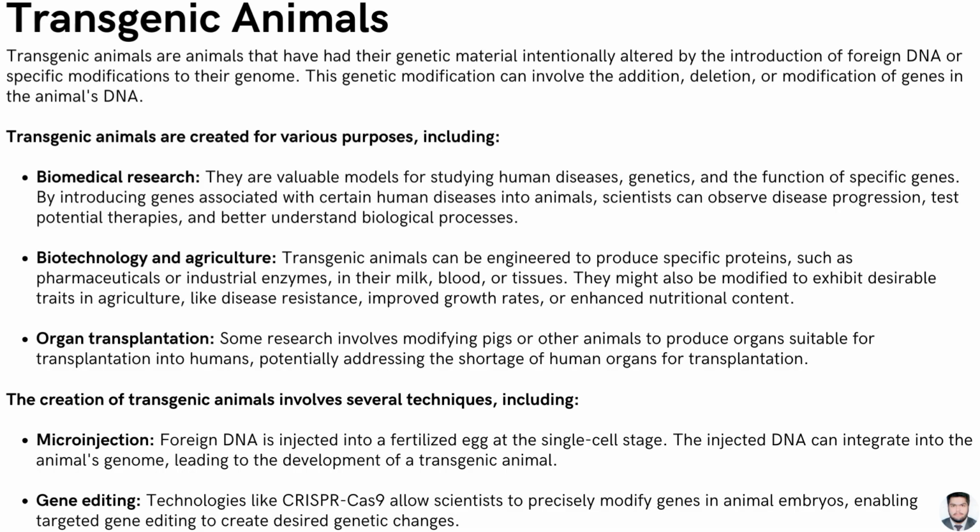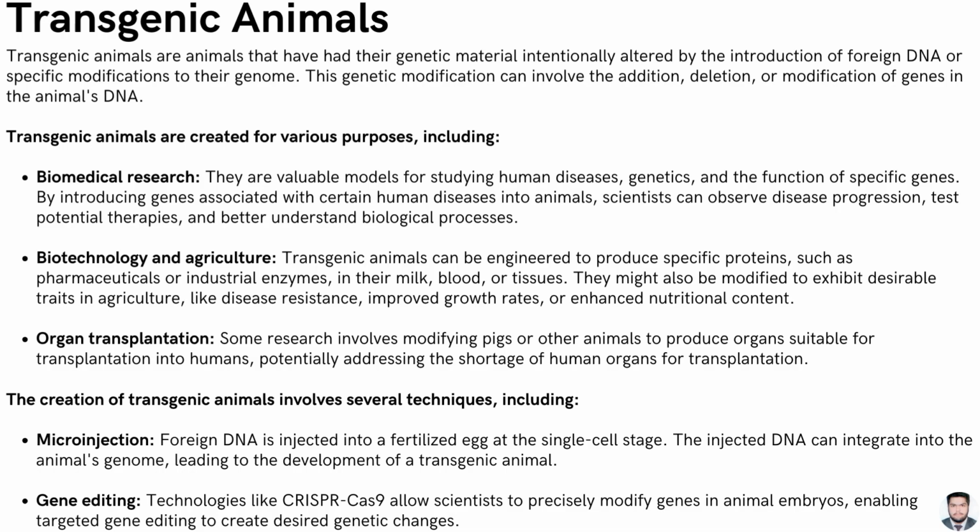The creation of transgenic animals involves several techniques, including microinjection. Foreign DNA is injected into the fertilized egg at the single cell stage. The injected DNA can integrate into the animal genome, leading to the development of a transgenic animal.